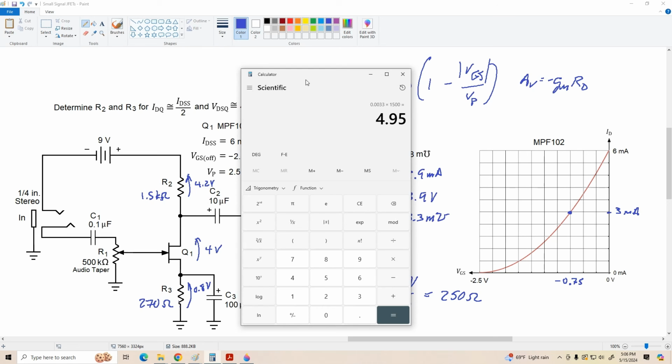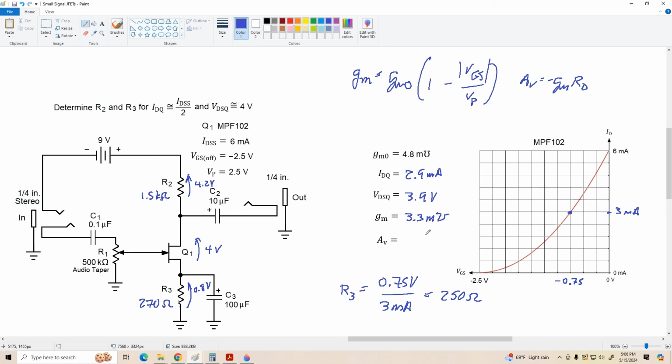So we've got a gain of almost 5 in this case. That's a little better than we've had before. So our overall gain is -5. Now remember, when we connect a load here, it's probably going to reduce the gain somewhat, but if it's a high impedance device we're driving, our gain will still stay pretty close to -5.